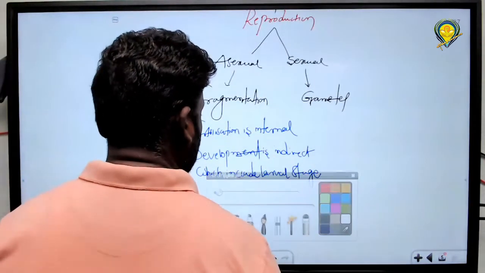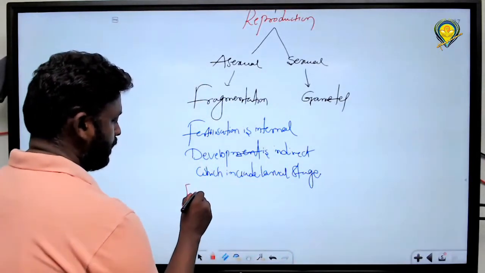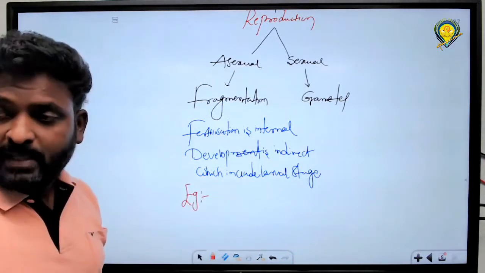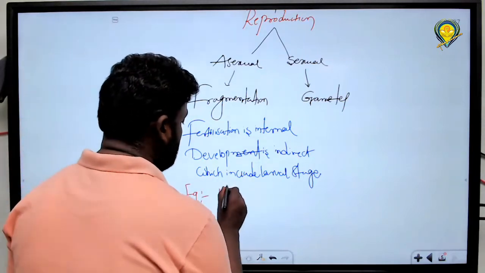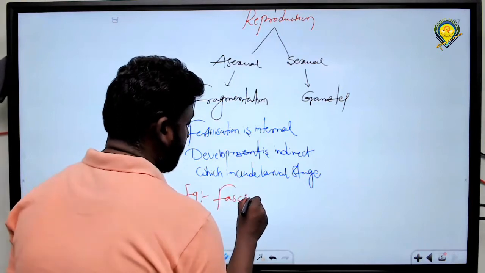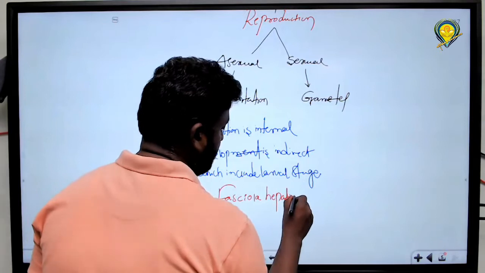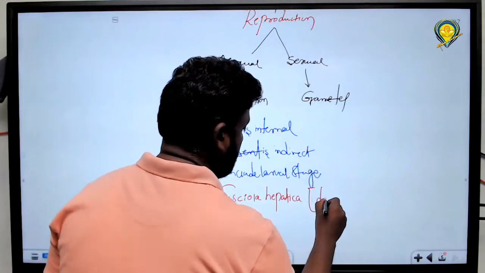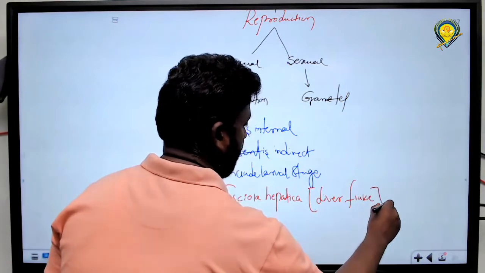Then tell me about examples. Examples, please, all of you. First one, Fasciola hepatica. What's the common name? Very good.